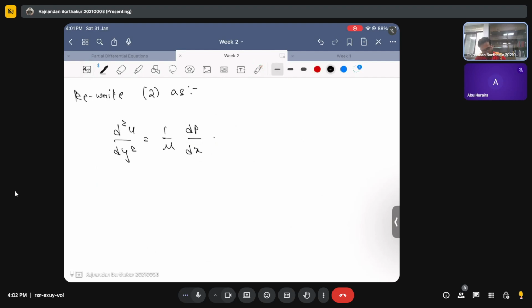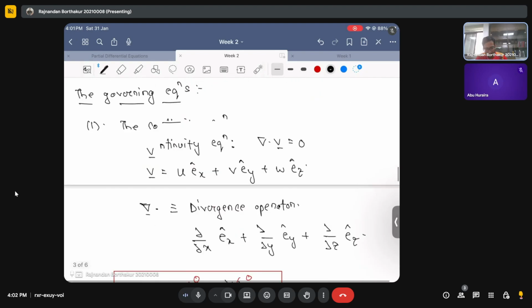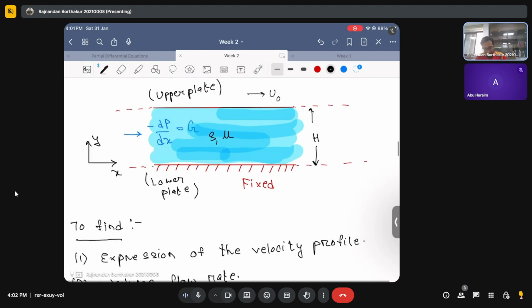dp dx. Okay, but we already know that in the physical problem, the flow is being actuated by a constant pressure gradient, which means that the only way this dp dx can be non-zero is if it equals the applied pressure gradient, which is just equal to g in our scenario, and which is given to us.